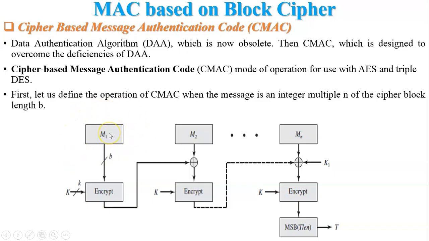If triple DES is applied, a 64-bit block is used. The message is divided into fixed size blocks as per the given algorithm, which may be AES or triple DES. The length of the block is b. I have used the variable b because it may be AES or it may be triple DES.